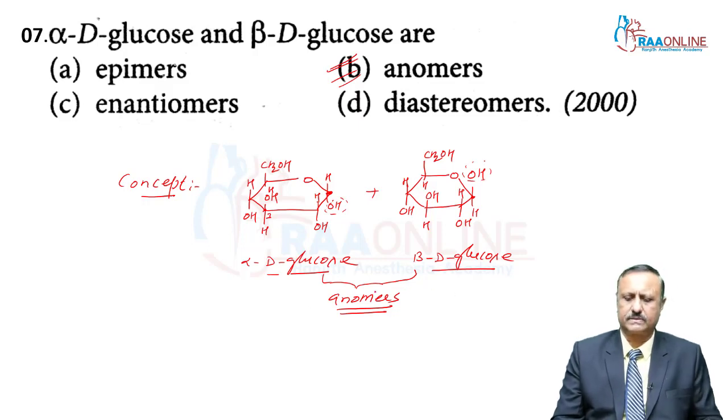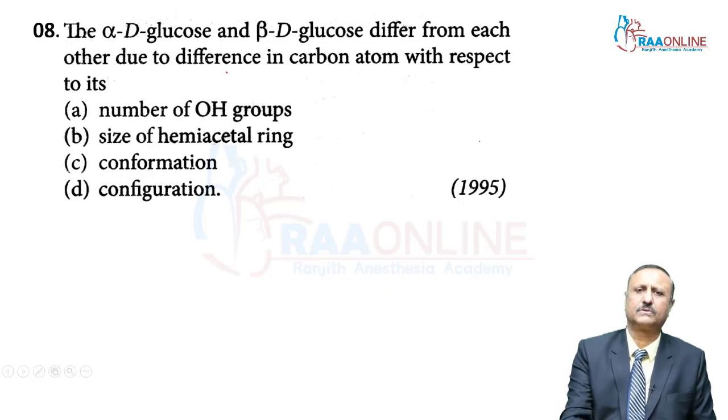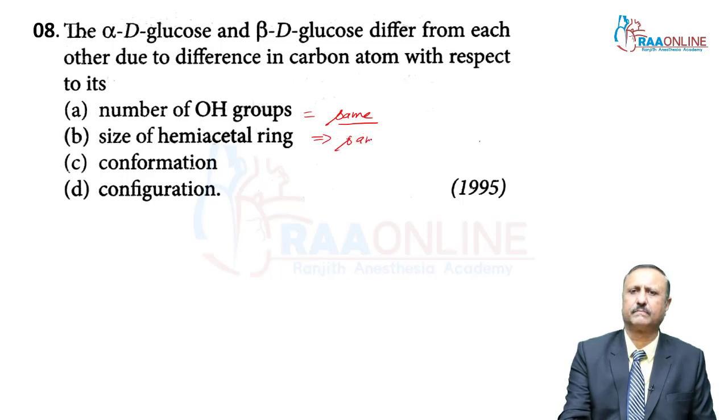Now my dear students, question number 8. Alpha D glucose and beta D glucose differ from each other due to a difference in carbon atom with respect to its configuration. The number of OH groups is the same, the size of the hemiacetal ring is also the same, conformation is also the same, only the configurations are different.